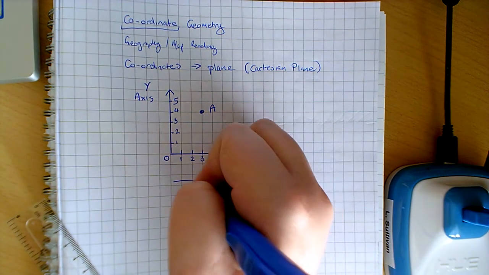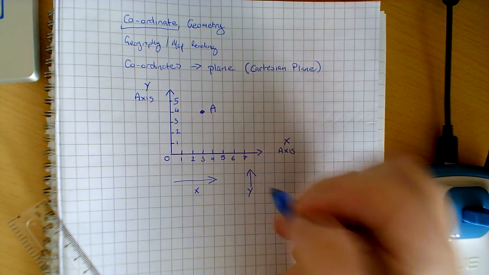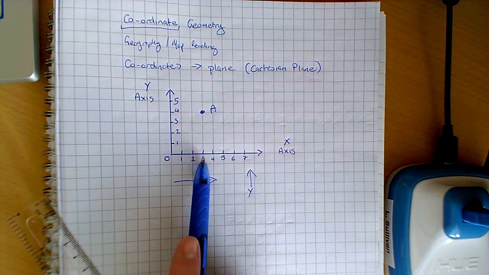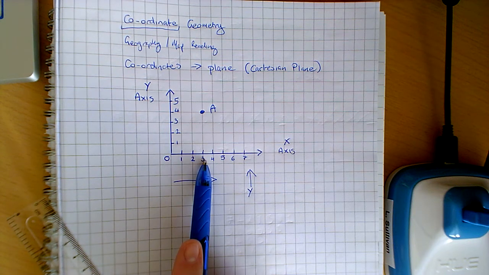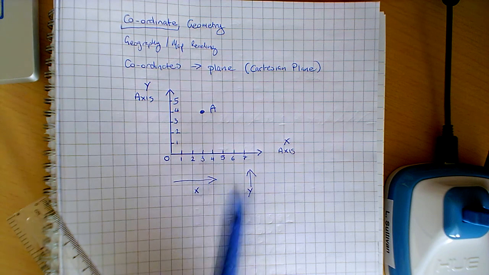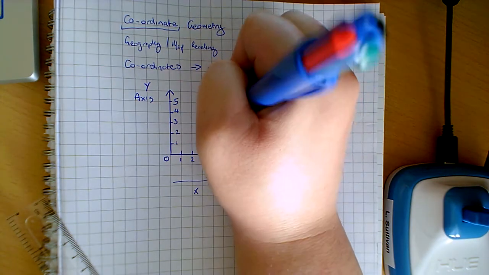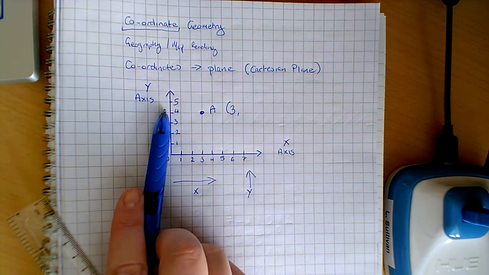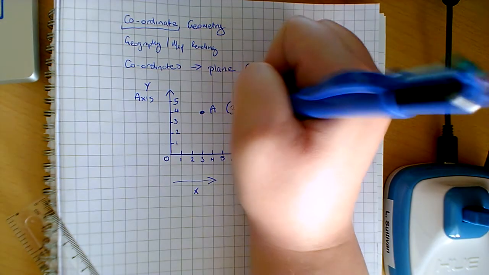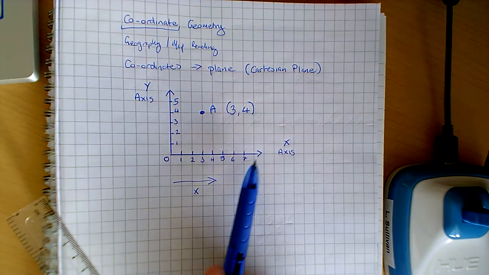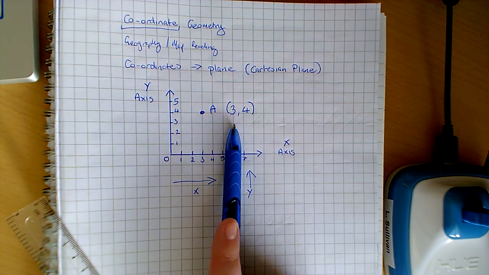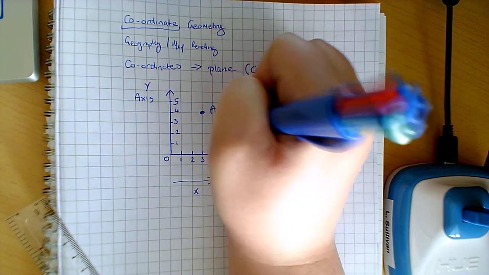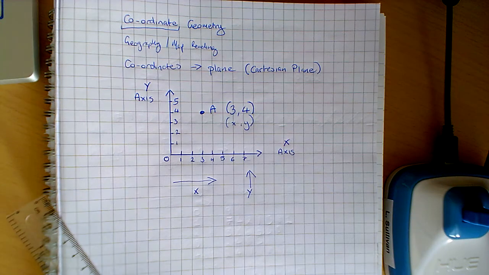So just like the alphabet, X comes before Y. So if I look at point A, that is 1, 2, 3 steps along the x-axis, and it is 4 steps along the y-axis. So we can write this as point A is 3, 4, because our x value is 3 and our y value is 4. Okay?